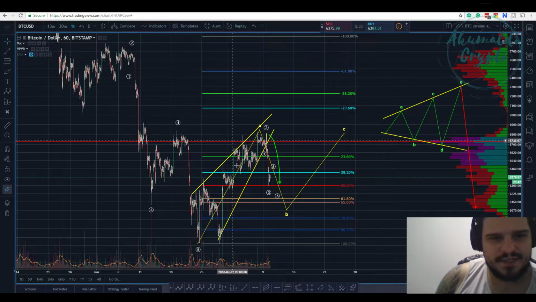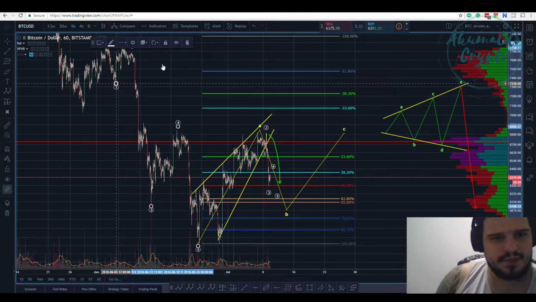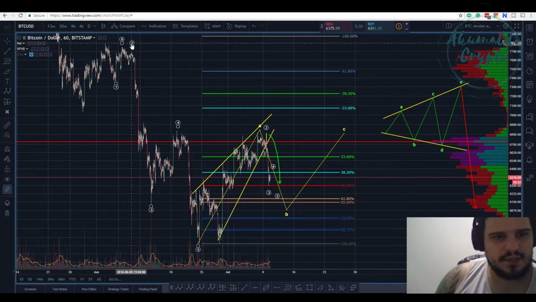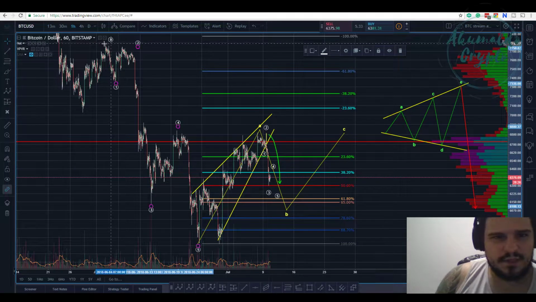Yes, it's the fractal nature of markets. I would like to put this one here. This would be my 2. Let me take this. This would be my 0. Okay, 1, 2.